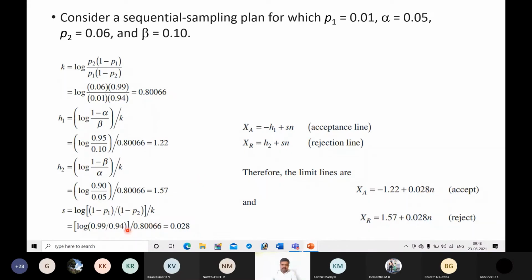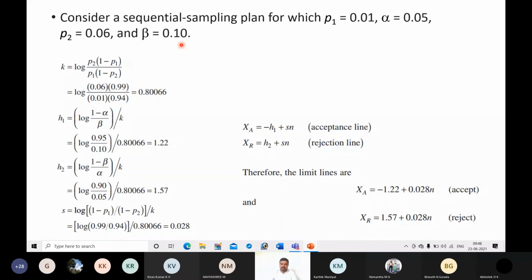Next, the rejection line. H2 is 1.57, S value 0.208. Now based on this, for this sequential sampling plan, which has P1 0.01, alpha 0.05, P2 0.06, beta 0.10, that means you have the large fraction defective values and also the probability of acceptance values.